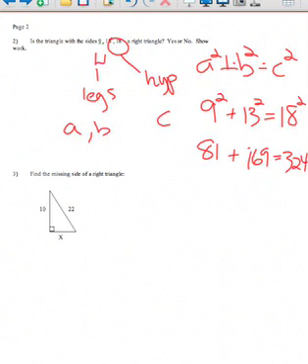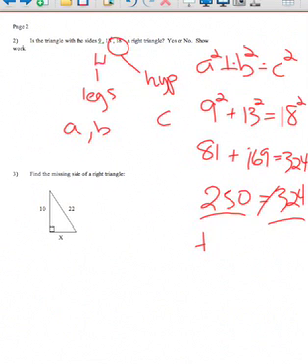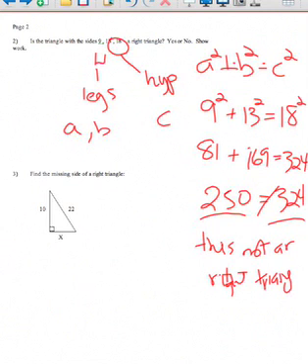Add 81 plus 169, you get 250, and 324 on the right side. Since these two values are not equal, this is not a right triangle. Okay, pretty simple. Probably one of the more basic problems that you'll see.